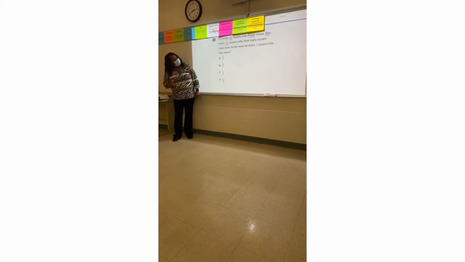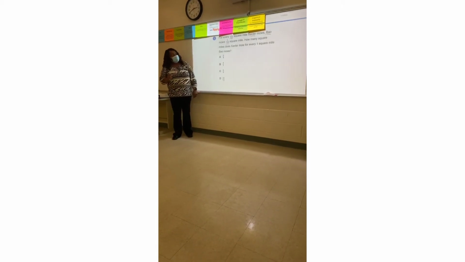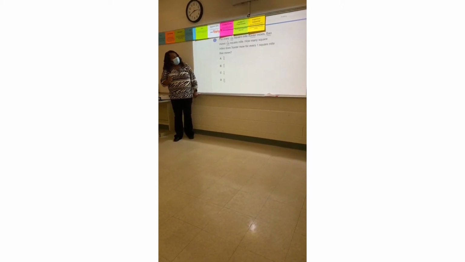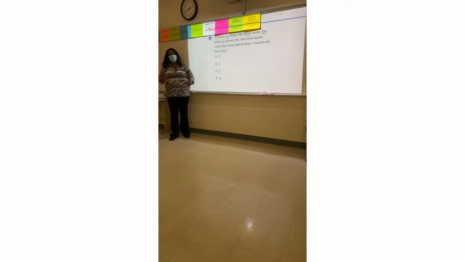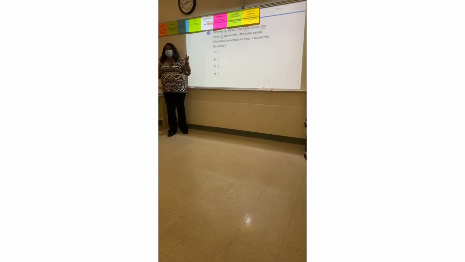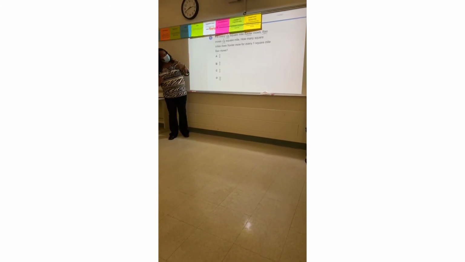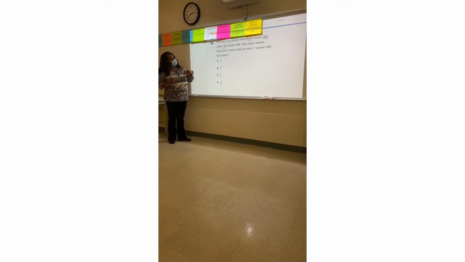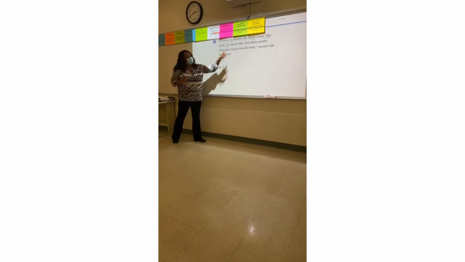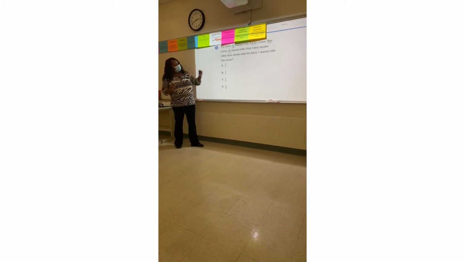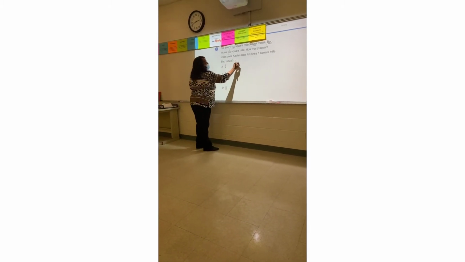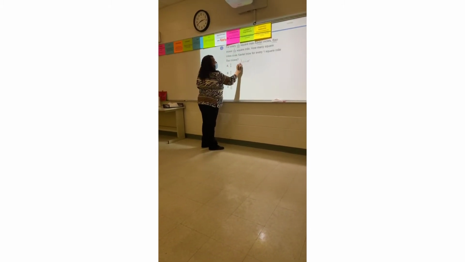How would I set this up? What are we looking for? 150 divided by 120. Why did you say 150? Because it's the first number. Because it says Xavier first, it asks for Xavier. So we're going to compare Xavier to Bale.